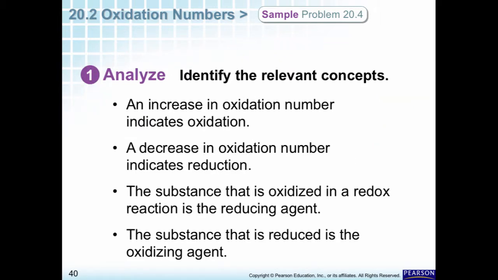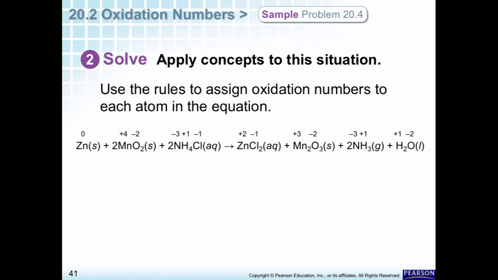So again, we're going to identify the relevant concepts that we talked about, and we'll put in our numbers. So we see here that zinc starts out as 0, oxygen is -2, manganese would be +4. So we look at NH4. First thing we do is put a +1 for the hydrogen.